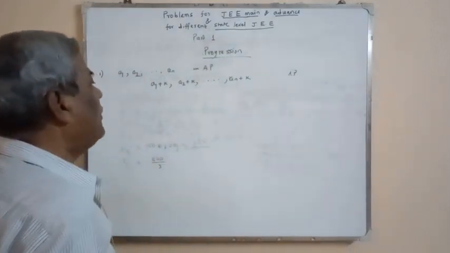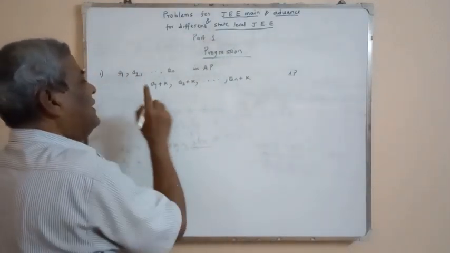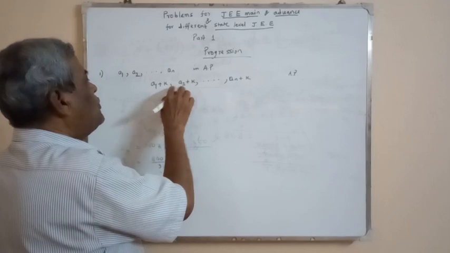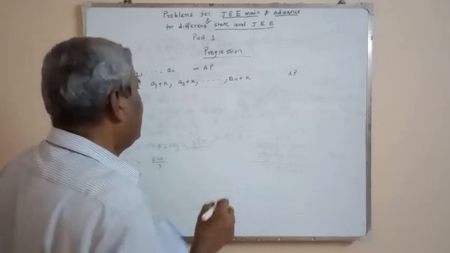And its common difference will be the same, that is, this minus that is A2 minus A1.